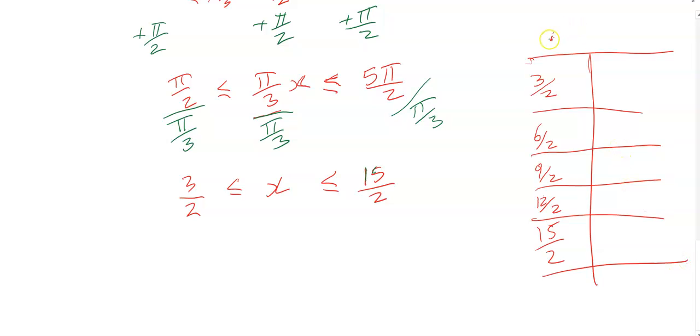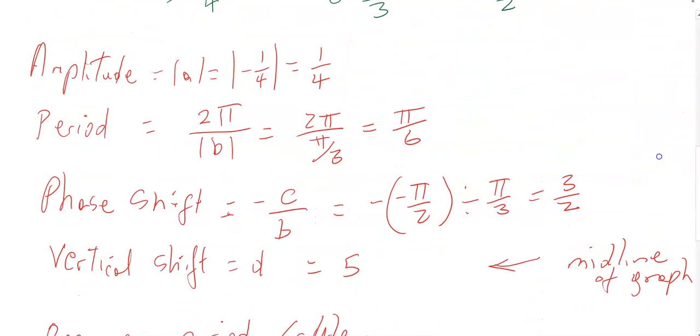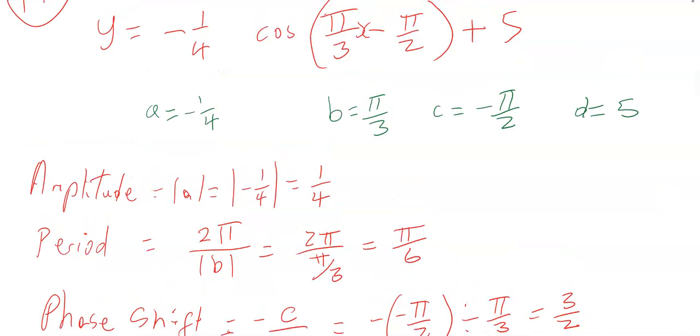And so these are x values. Then to find matching y values, you know that we plotted a cosine function.